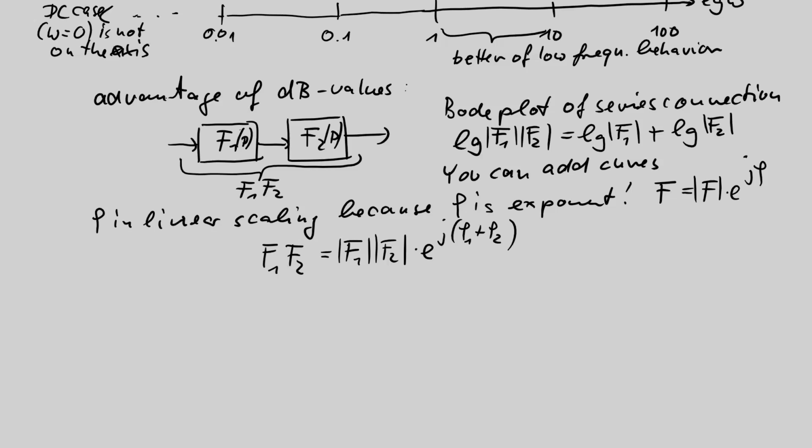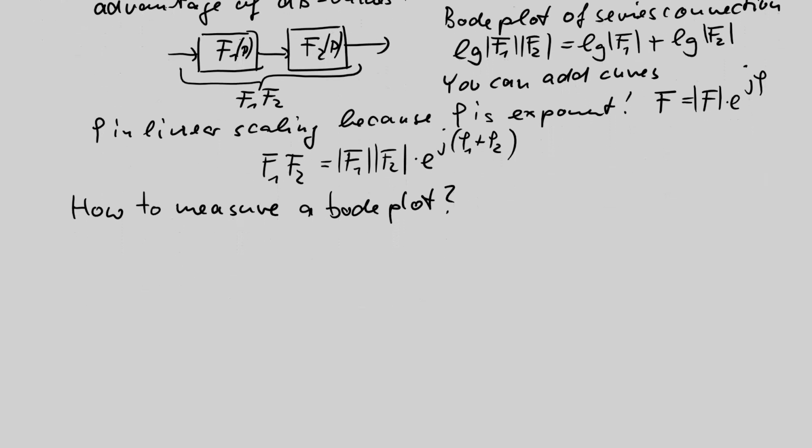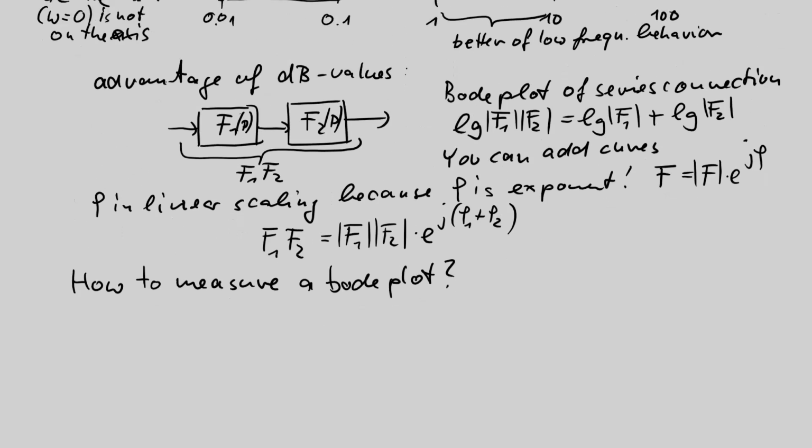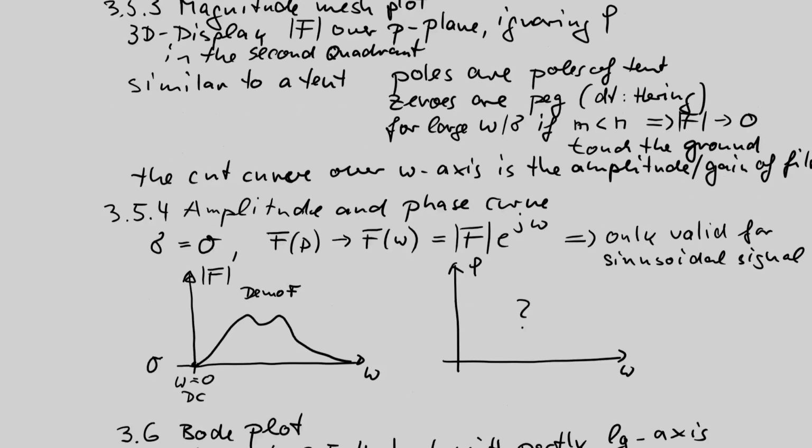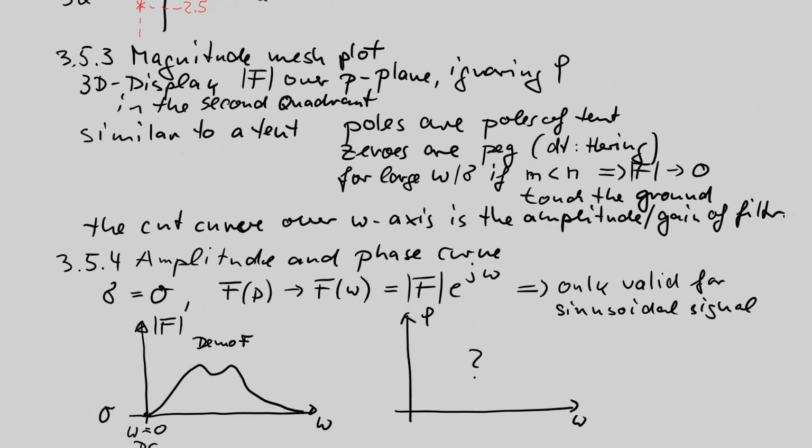Now the last point I want to mention on Bode plot curves is how to measure a Bode plot. First, we should know that a Bode plot is the display of the amplitude and phase curves, the display of the frequency response.